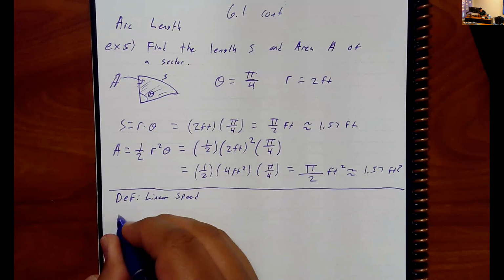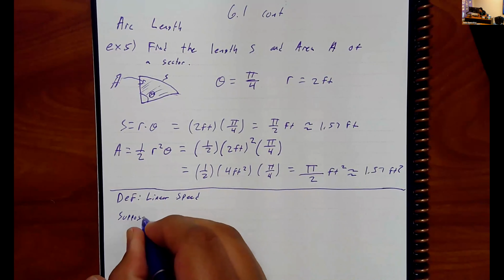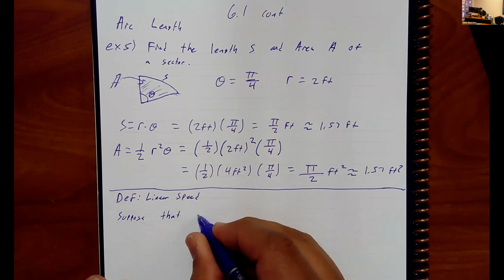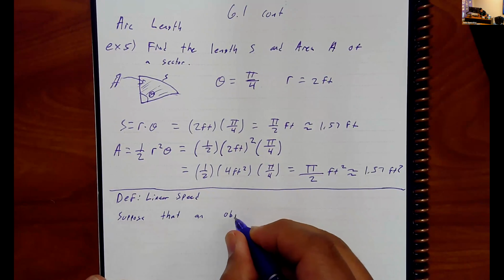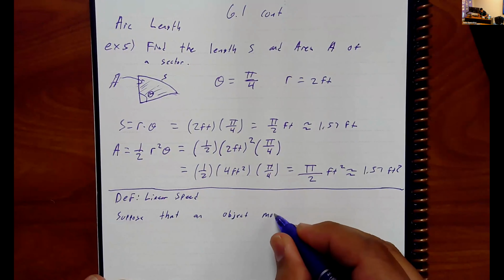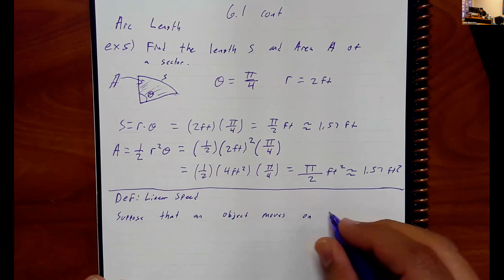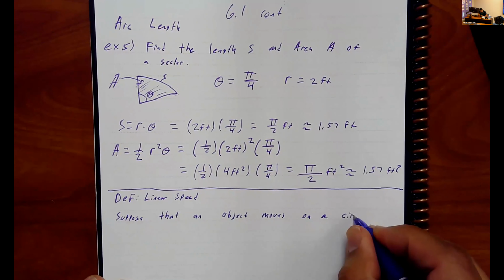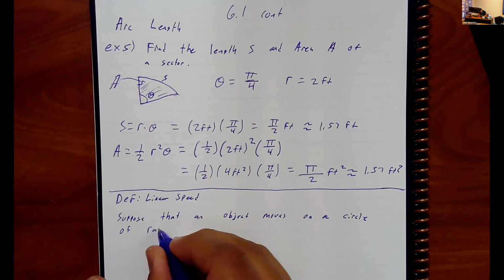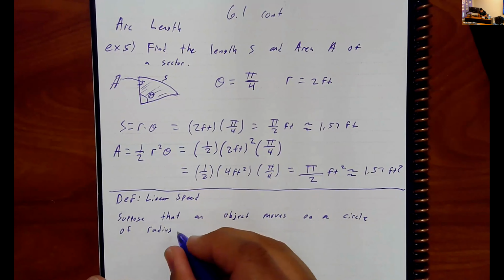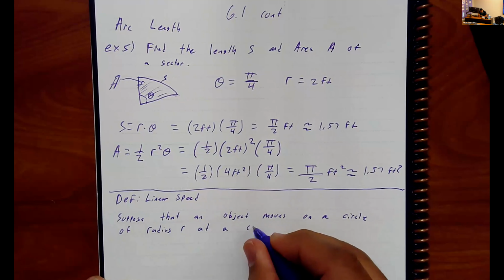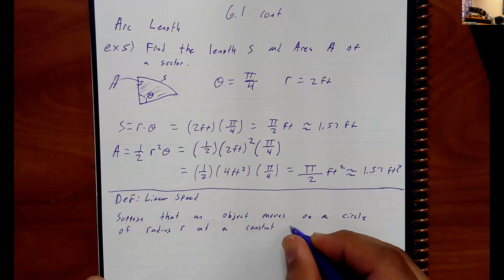All right, so suppose that an object moves on a circle of radius r at a constant speed.